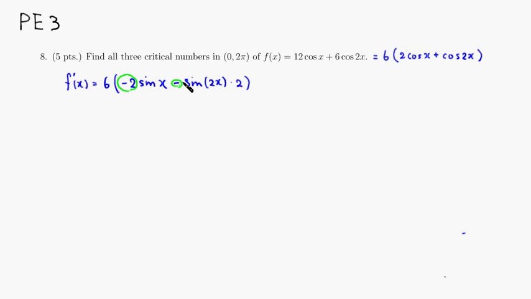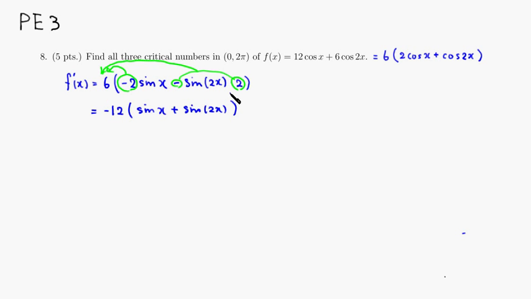I'm going to pull those out. So combine those two and pull those out. Negative 2 times 6 is negative 12. Then you have sine of x plus sine of 2x.